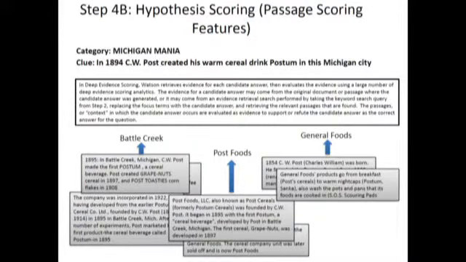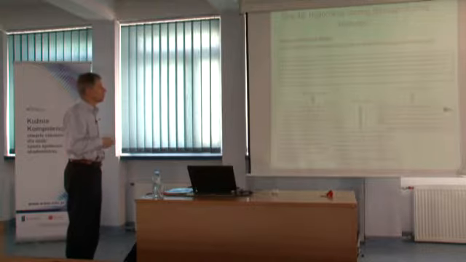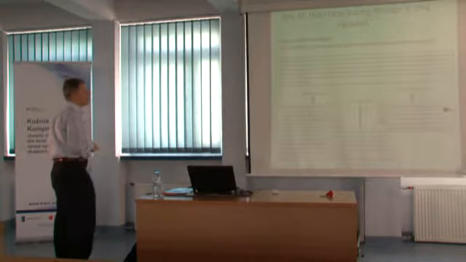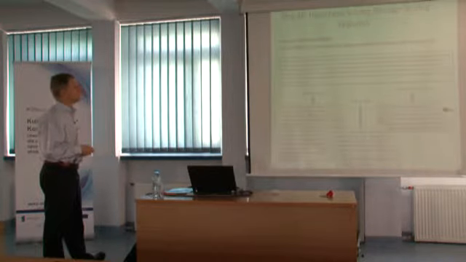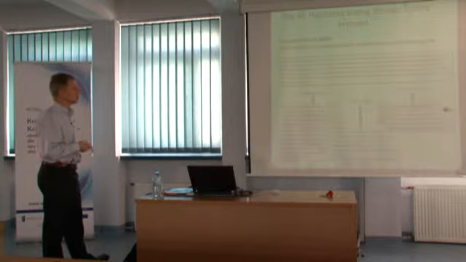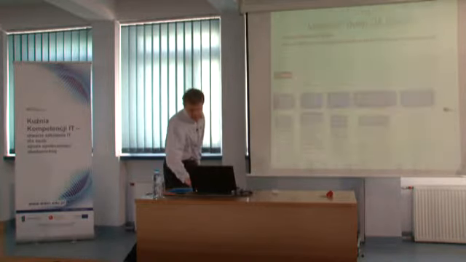So in a sense, we're going to be left with Battle Creek and Grand Rapids, but there could be some other passages and other scorers that believe that General Foods and Post Foods are good answers. So the evidence comes from many such passages, and there are many scorers, more than the ones we've shown before.